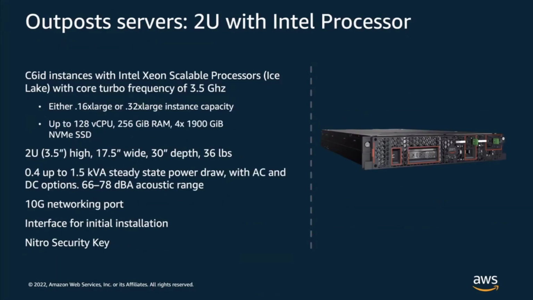We can look at them a little bit deeper here, where you can see that the Intel version comes in two different capacity sizes, but both have the same dimensions, same weight, and standard dual 10 gig networking. There's an interface for initial setup and installation and how we authenticate back to an account and connect to the right things as far as the Outposts and site, which we'll talk a little bit more about later.